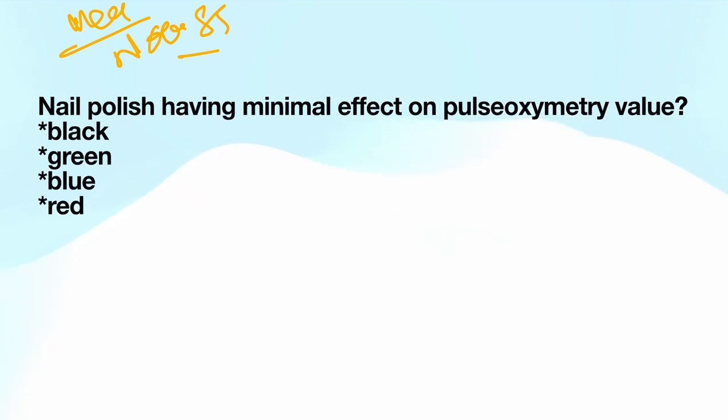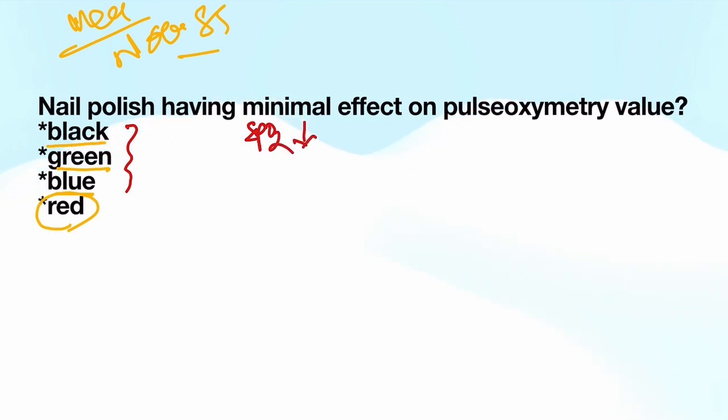So when we use a pulse oximeter on the finger using a finger probe, we need to consider these nail polish colors because they do have an effect on the reading as they interfere with the absorption spectrum, right? So in experimental models we have black, green and blue. These three colors have maximal effect, so they decrease the measured SpO2.